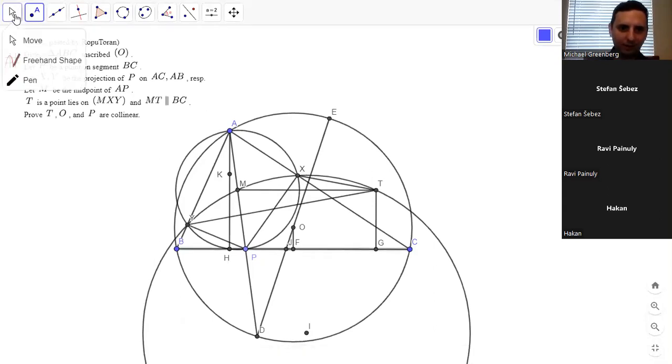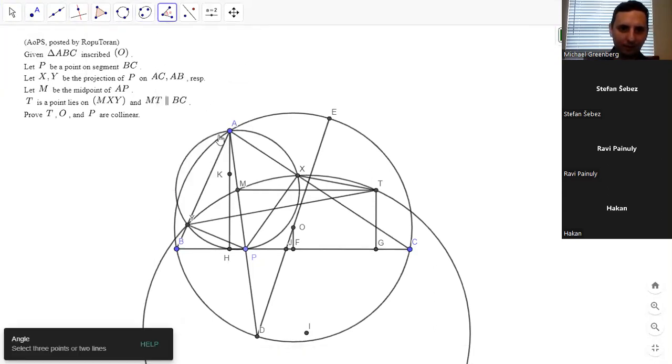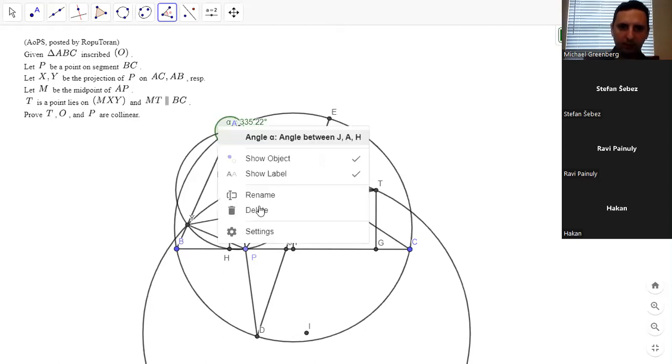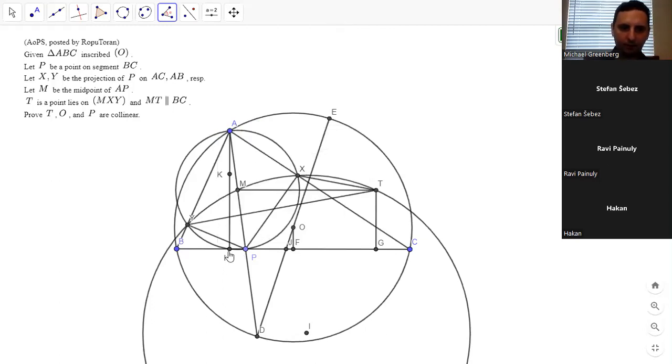Let's try a couple more minutes solving it without moving points, and then we could do that solution if we can't figure it out. So that's 24. All right.